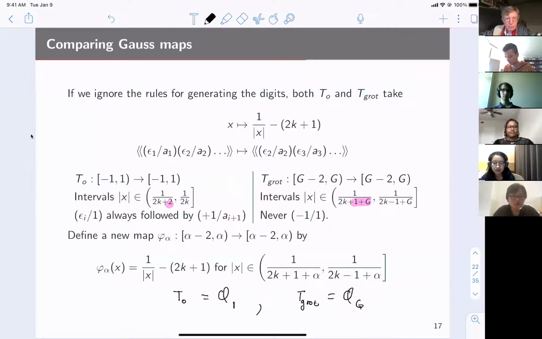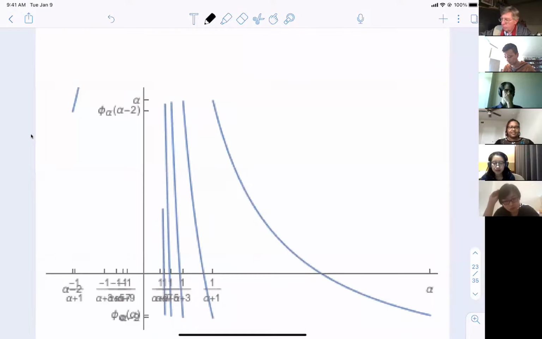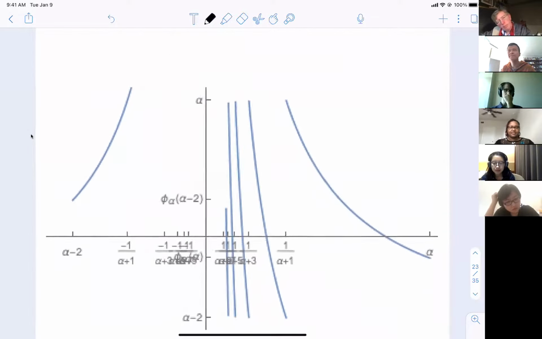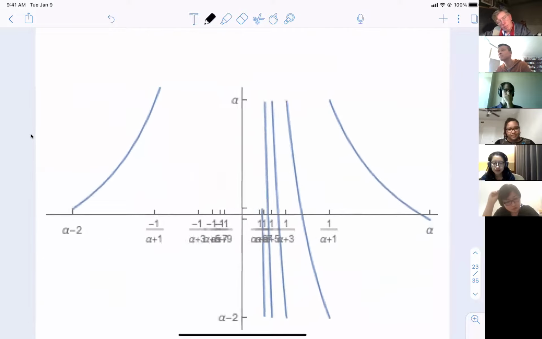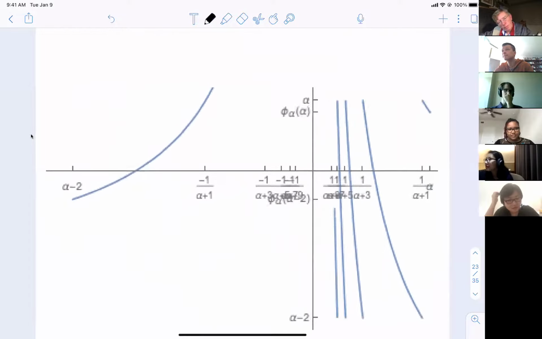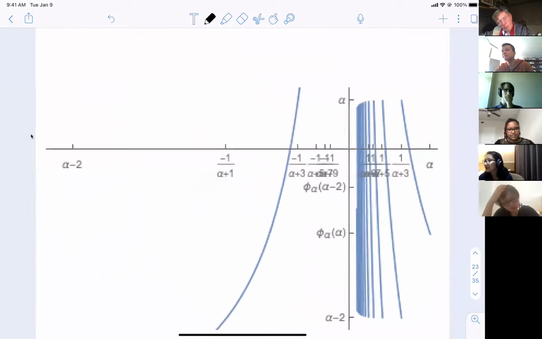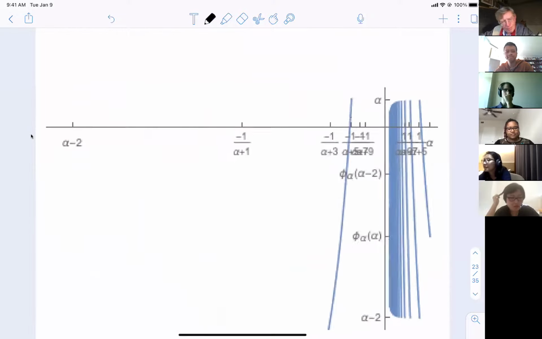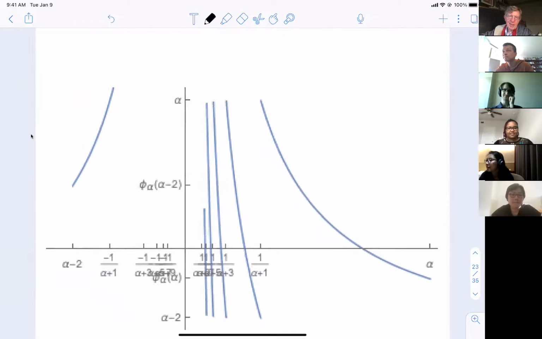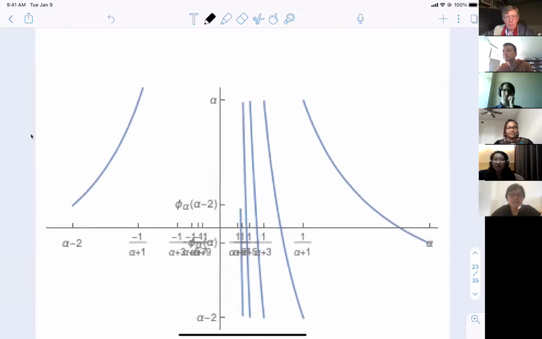So from there, now maybe, there we go. It's a little bit grainy in Notability for some reason. This is actually as we decrease alpha and only plot as many branches as doesn't make Mathematica cranky. So some of them are missing because of Mathematica issues.